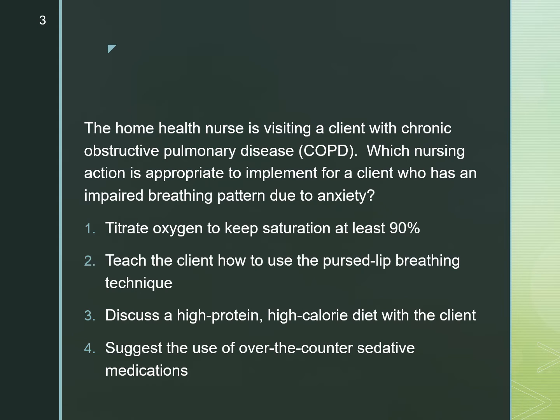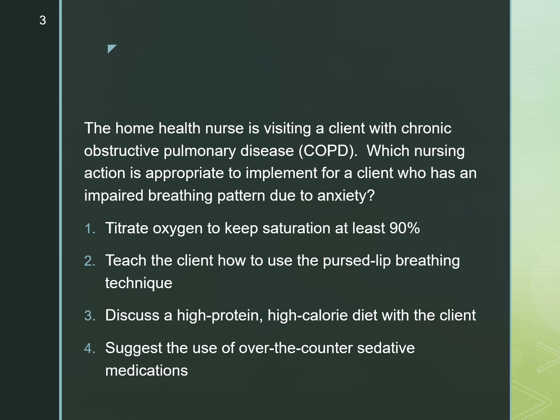And remember, COPD clients are often going to be a little bit anorexic because of the amount of energy it takes to eat and the amount of energy it takes to breathe. So they don't eat that much.